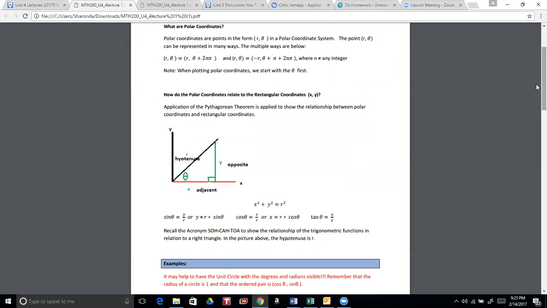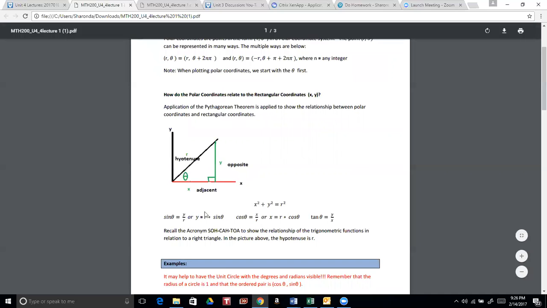However, in this case, we have x squared plus y squared is equal to r squared. It's saying the same thing, because we remember that we use the xy in reference to the cosine and sine. Cosine for x and sine for y.